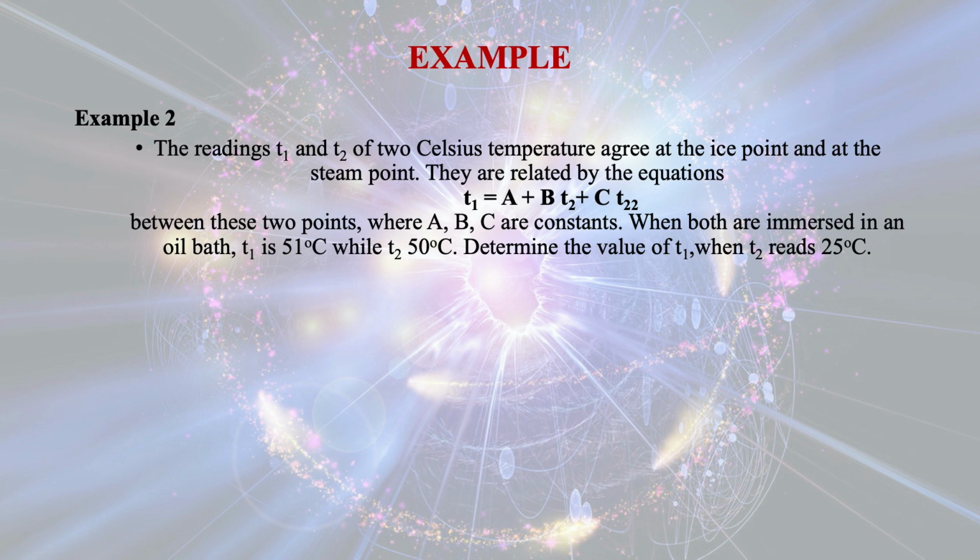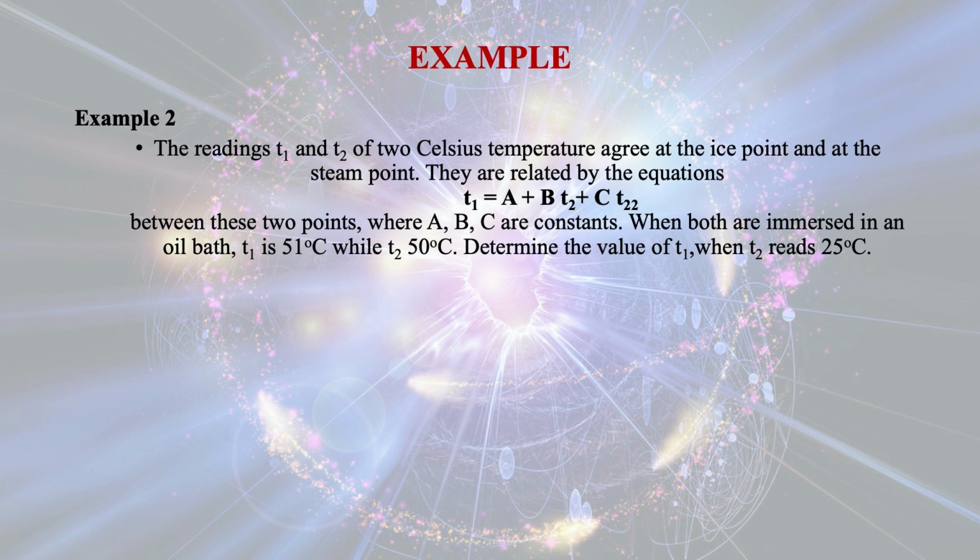Now you see that the expression of T1 is given as T1 is equal to A plus B T2 plus C T2 square. So both the scales agree at the ice point as well as the steam point. Now the ice point is 0 degree centigrade and the steam point is 100 degree centigrade.